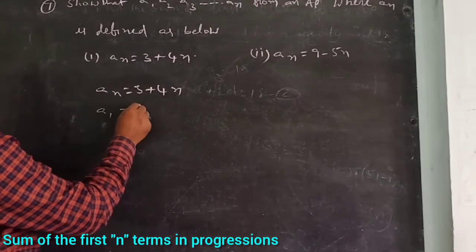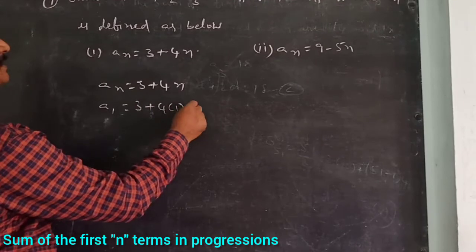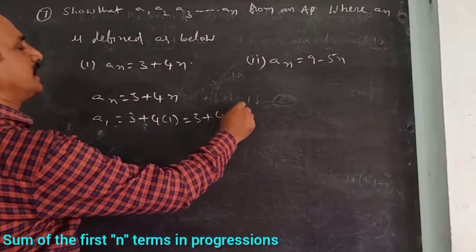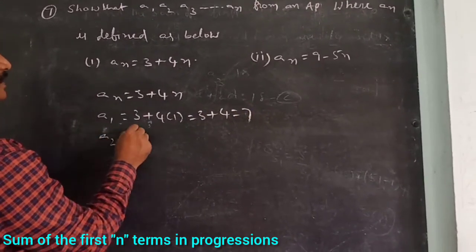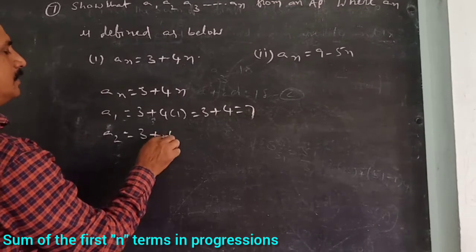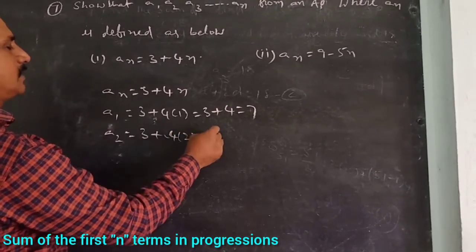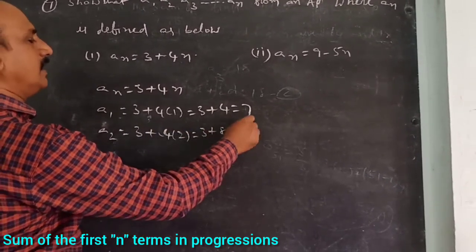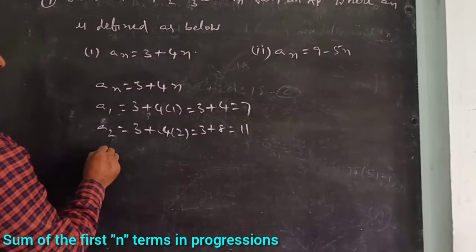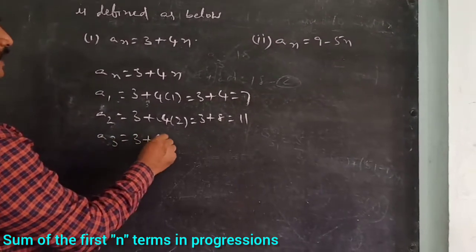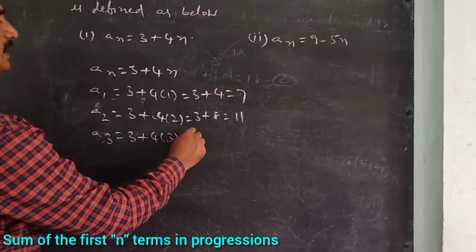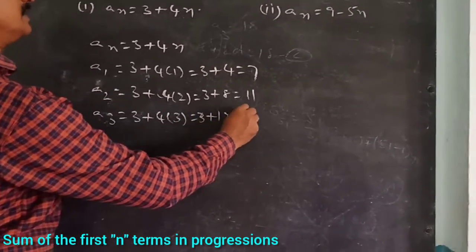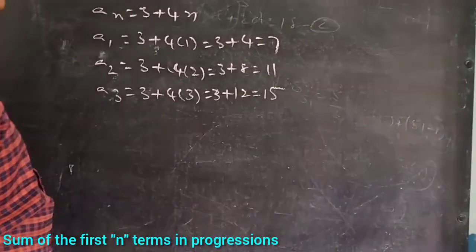a1: substitute 1. 3 plus 4 into 1 is equal to 3 plus 4, which is 7. a2 equal to 3 plus 4 into 2, equal to 3 plus 8, equal to 11. Then a3 is equal to 3 plus 4 into 3, equal to 3 plus 12, equal to 15.